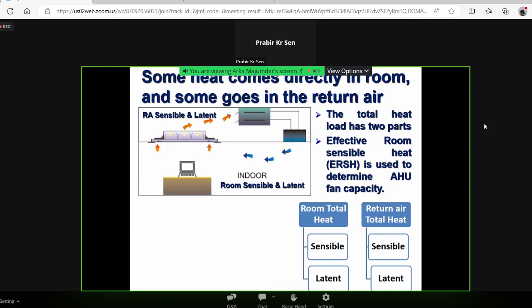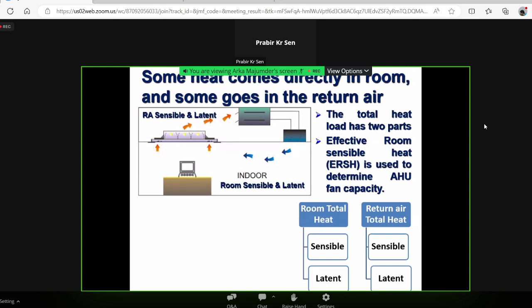So my chiller sizing depends on my room total heat plus return air total heat. And my air handling unit fan sizing is dependent on only the sensible part of the room total heat, which we call effective room sensible heat.